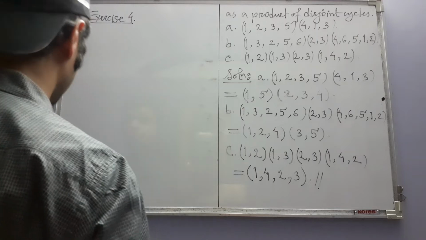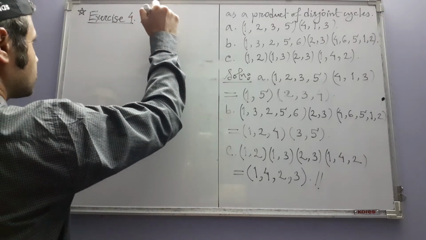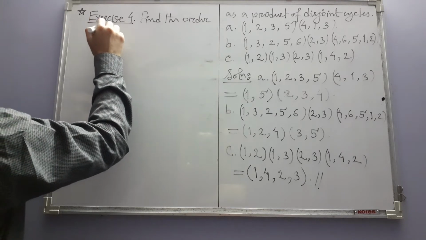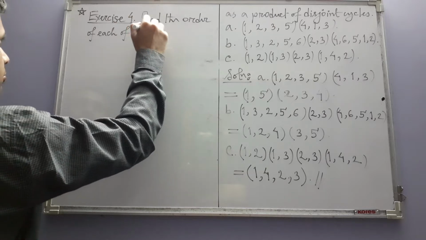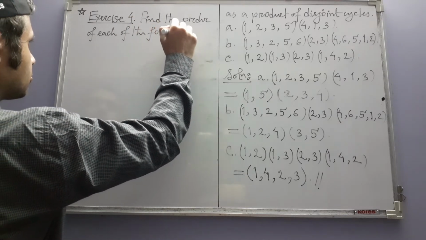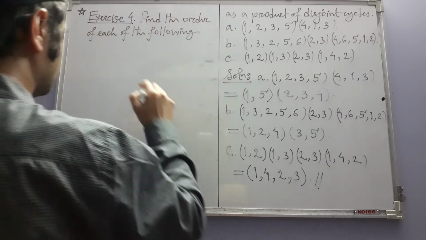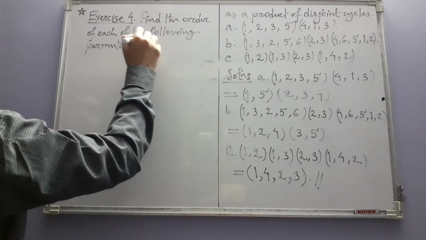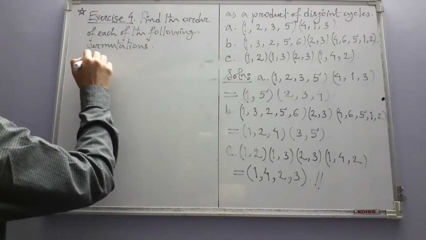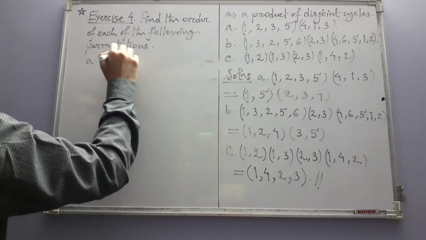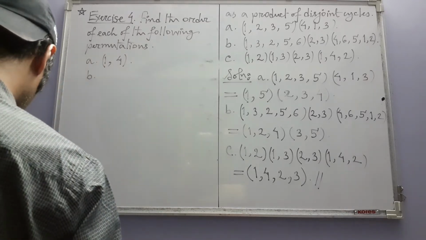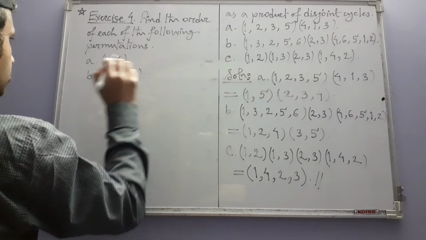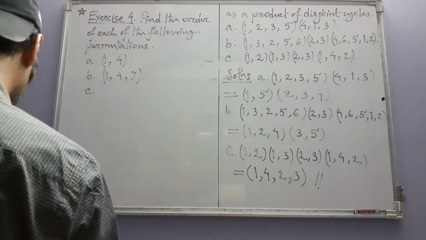Find the order of each of the following permutations. 1, 4. 1, 4, 7. 1, 4, 7, 6, 2.